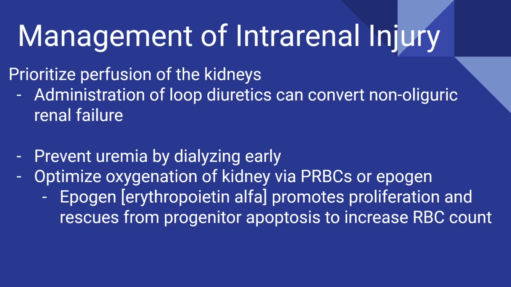If we do a lot of the filtering before the blood reaches the kidneys, then that makes it less of an effort for them. And then we really want to try to oxygenate these kidneys, really promote the tissues that have been damaged. So we can give packed red blood cells or Epogen. Epogen is something that promotes the proliferation in order to increase red blood cell count.